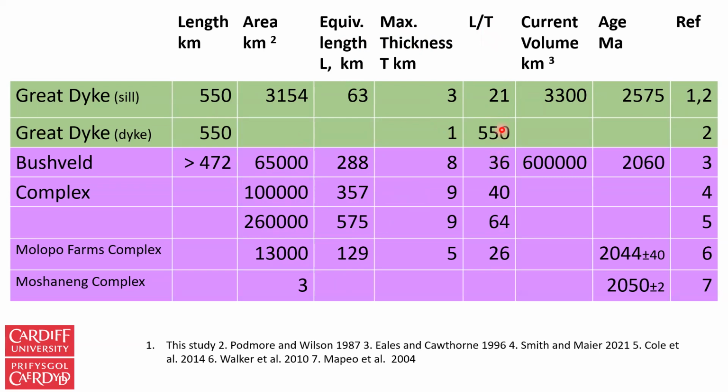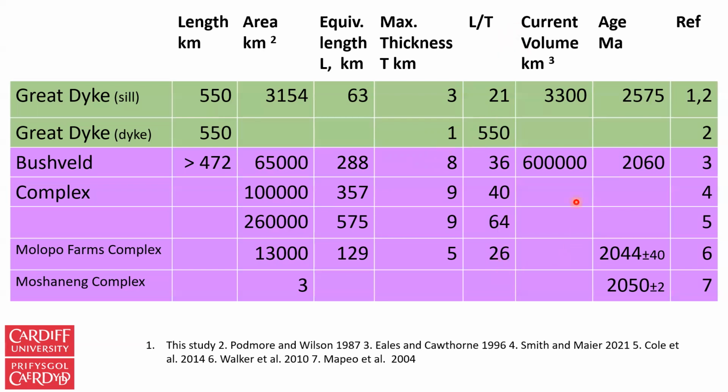The only one that's very different is when we just look at the linear part of the dike and take that as a length compared to the 1 kilometer thickness that Francis imagined for the deep part of the dike width.